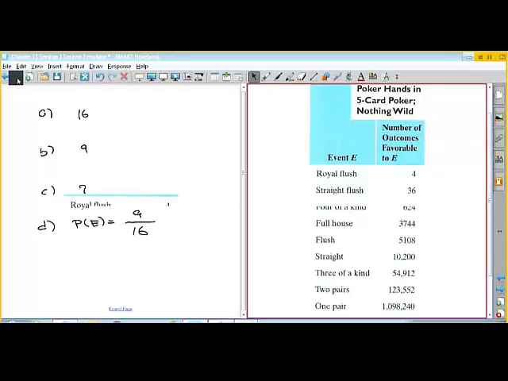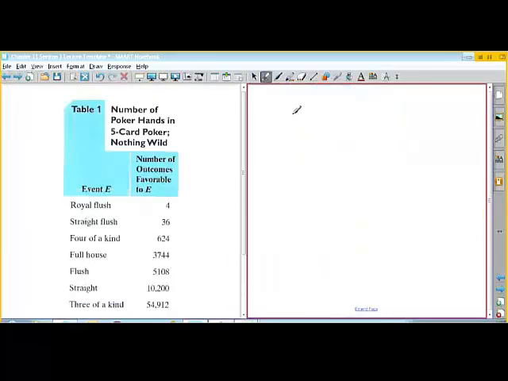the probability of starting out with having a full house, for example? What is the probability of being dealt a full house?